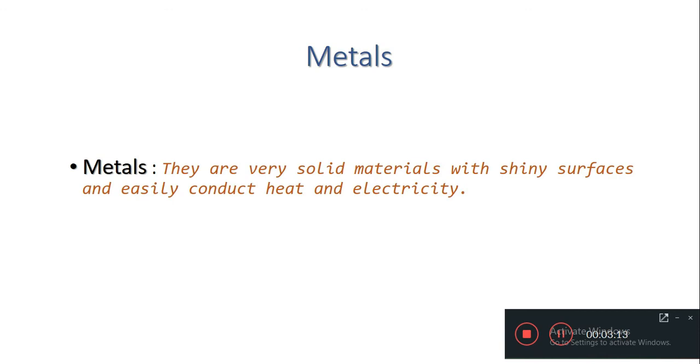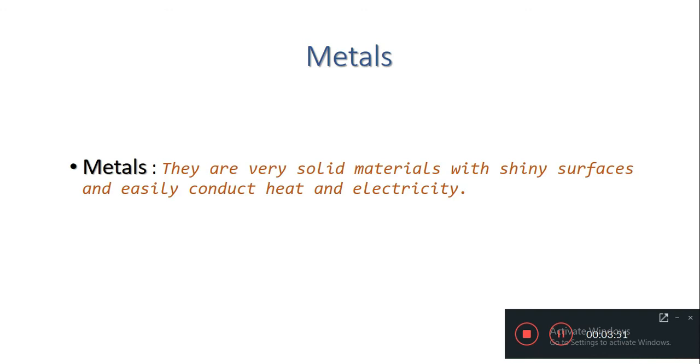When we say metal, what are metals? Well, metals are very solid materials with shiny surfaces that easily conduct electricity and heat. So metals have shiny surfaces. What does it mean? Well, we know that some metals like copper have a brown surface, some metals have a silver surface, but at the end of the day, we are looking at shiny surfaces.